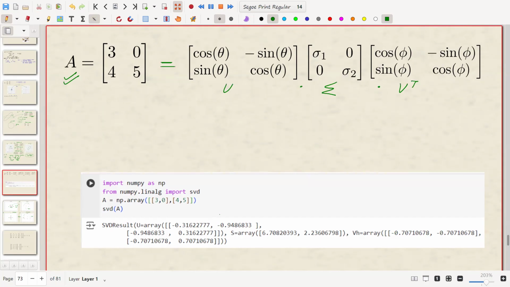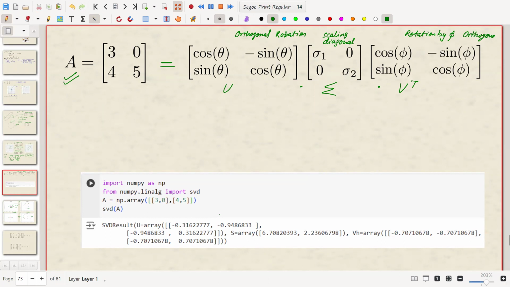This is U, an orthogonal matrix and a rotation matrix. This is our scaling matrix, a diagonal matrix. This is again a rotation matrix, rotation by phi angle, and an orthogonal matrix.